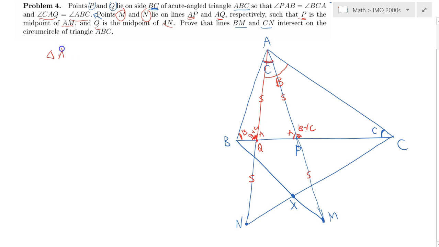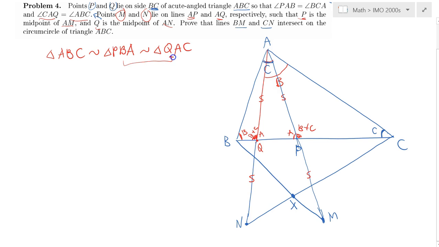Let's say triangle ABC is similar to triangle PBA, and also if you focus carefully, the same thing here, triangle QAC as well.